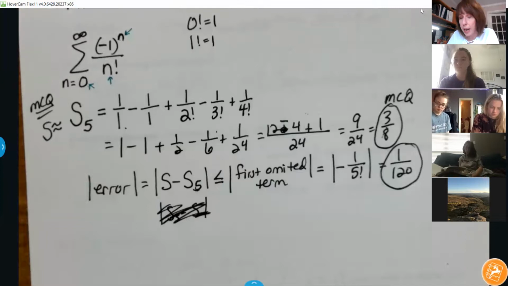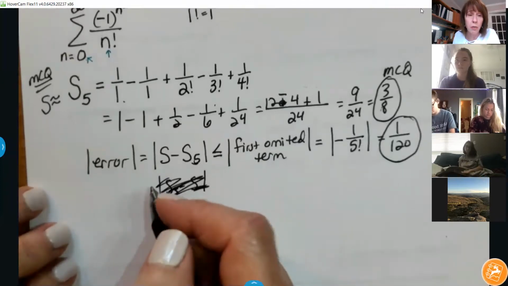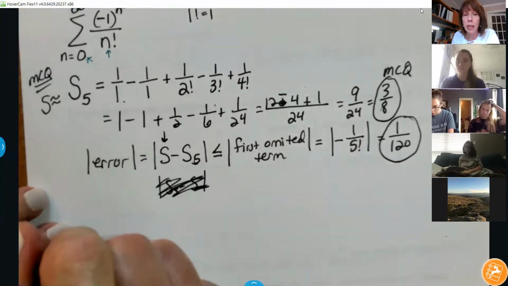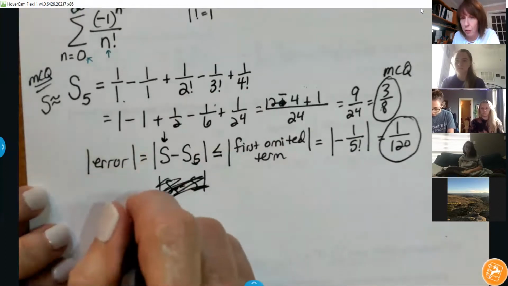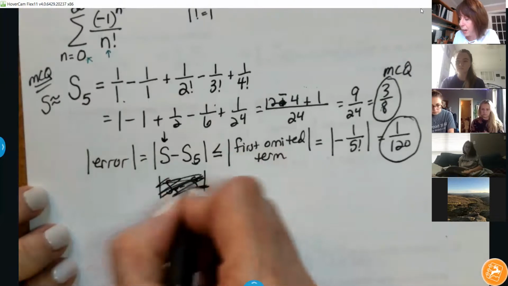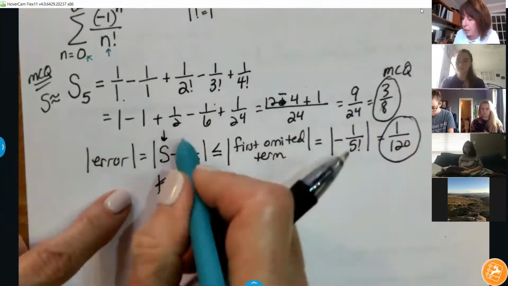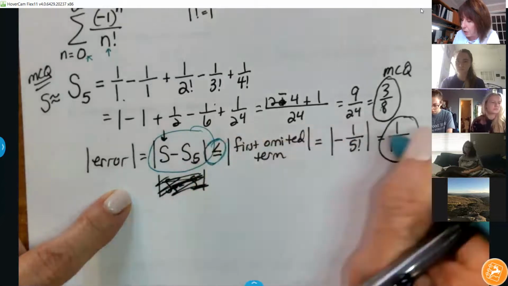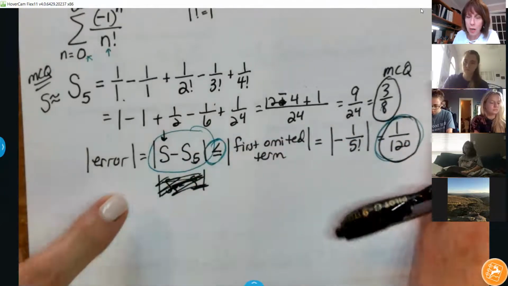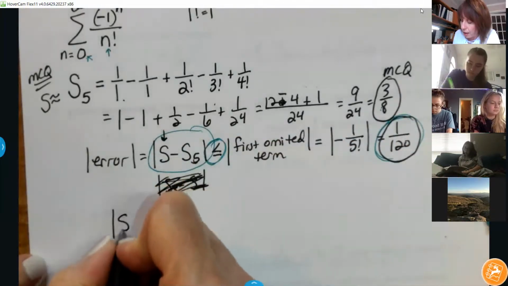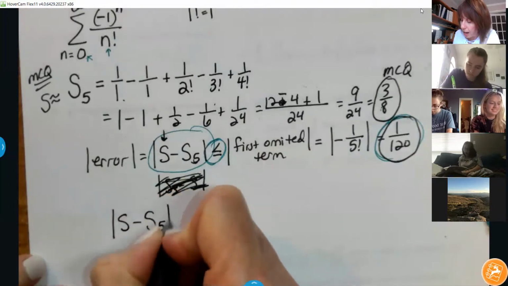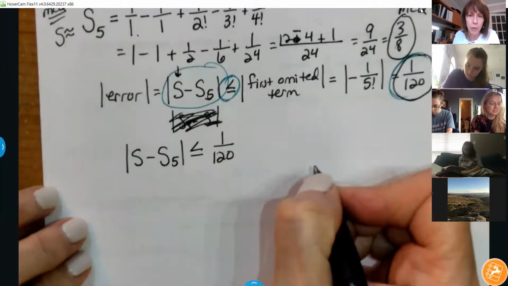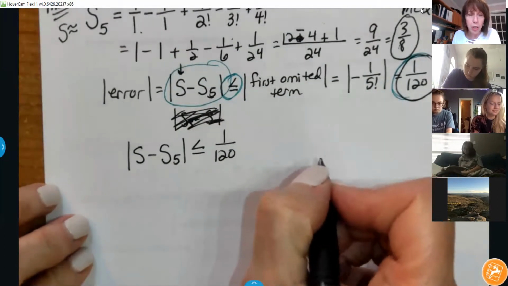The next thing that I might ask you to do is to write the interval that the actual sum must lie in. And if I want the interval that the actual sum must lie in, I pull out this and I make it less than or equal to this 1/120. So S minus S sub 5 is less than or equal to 1/120, or 1/5 factorial is fine.